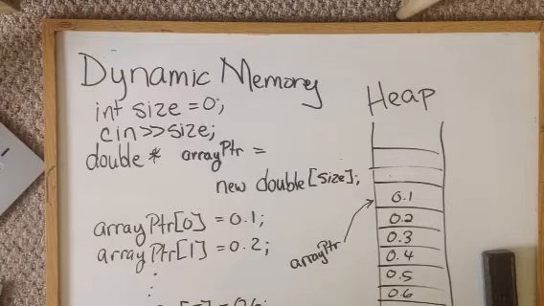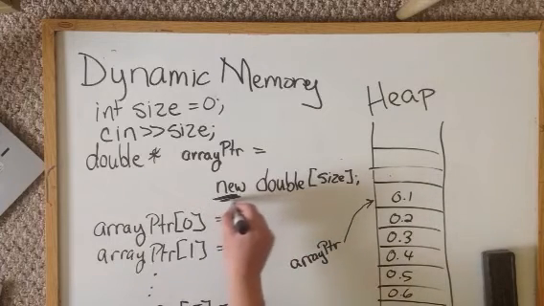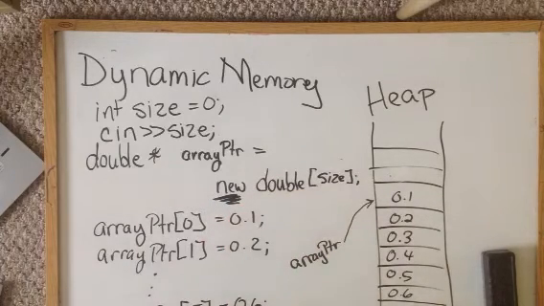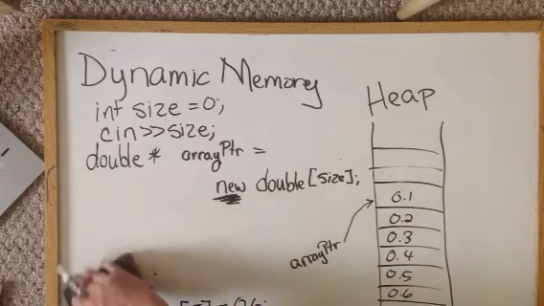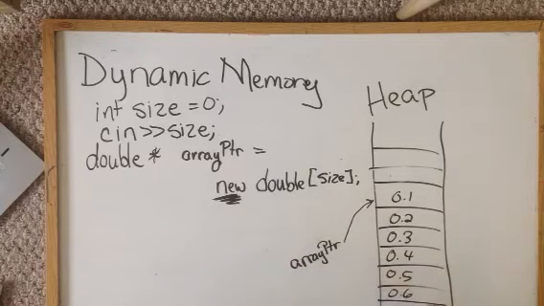Now, the dynamic memory is allocated manually with our keyword new, and it also has to be released manually. So I'm just going to get rid of these assignments here so I can show you how we release.